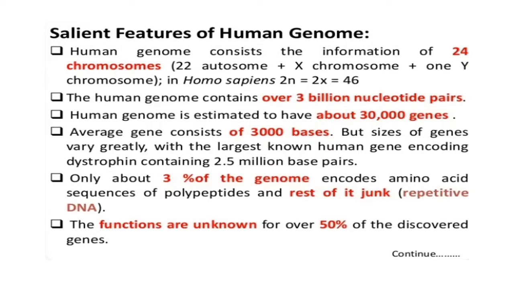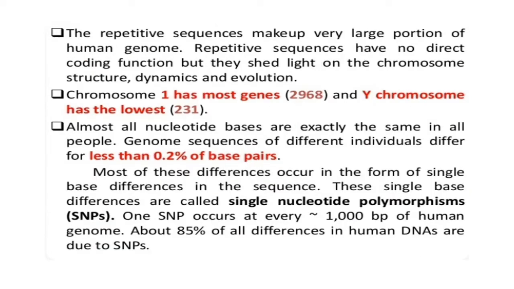Only about 3% of the genome encodes the amino acid sequence of polypeptides, and the rest of it is junk, repetitive DNA. The functions are unknown for over 50% of the discovered genes. The repetitive sequences make up a very large portion of the human genome.